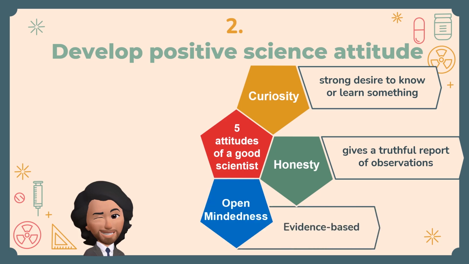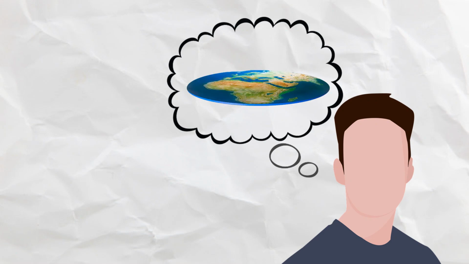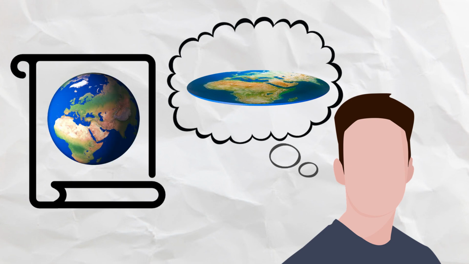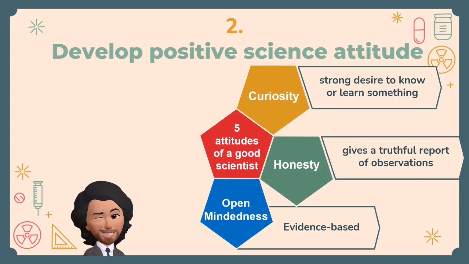A good scientist will respect others' points of view and change his mind if reliable evidence contradicts his beliefs. For example, when a person believes that the earth is flat, but all evidence proves that the earth is ellipsoid-shaped, the person must be open-minded to the evidence shown and accept the fact that the earth is not flat.